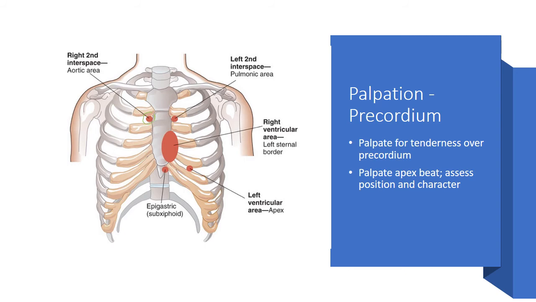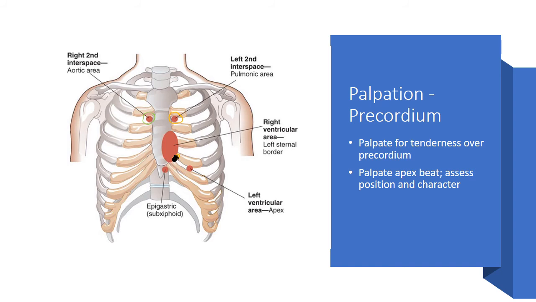We have our second intercostal space on the left sternal edge here. Not marked on this is our tricuspid area, which is around the 5th intercostal space, left sternal edge, so around here.